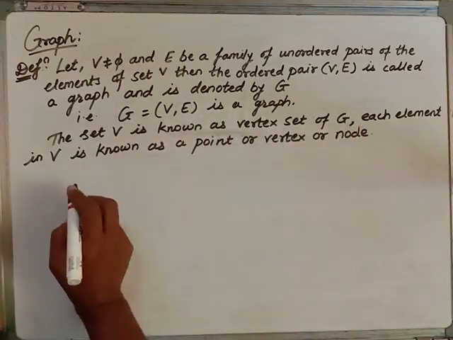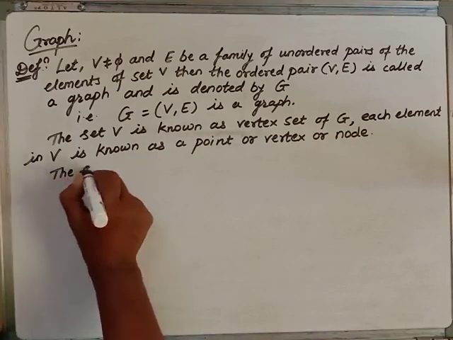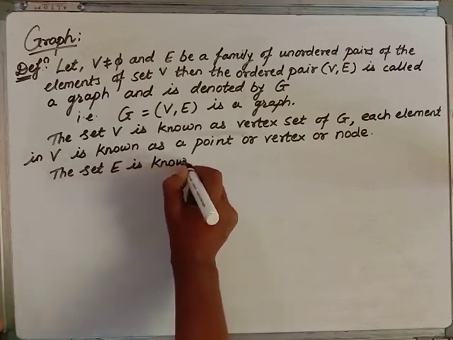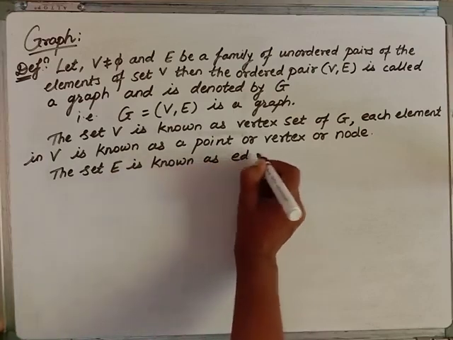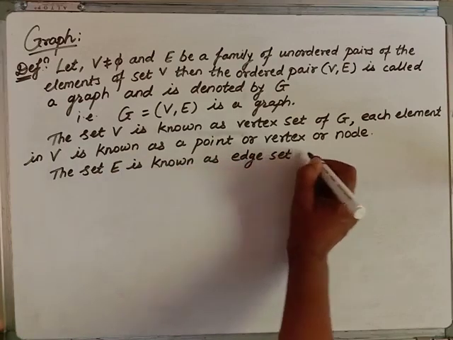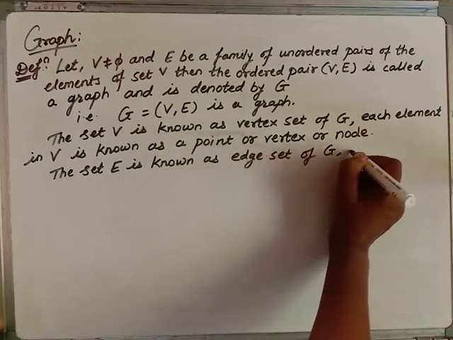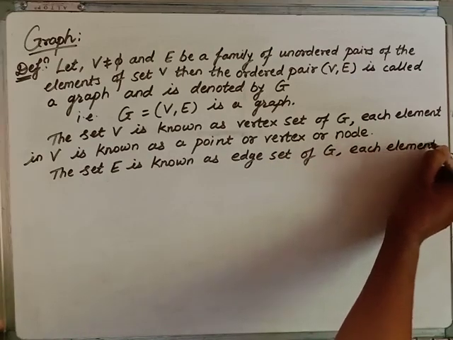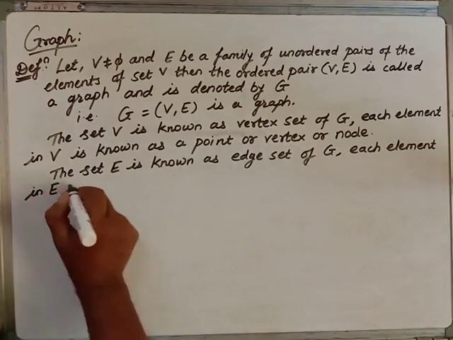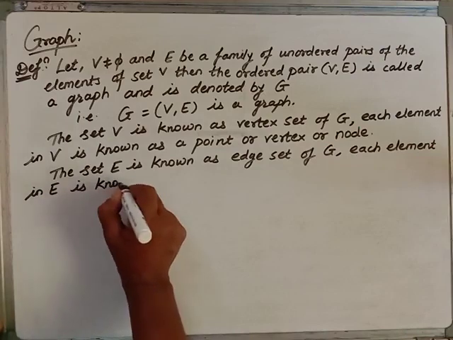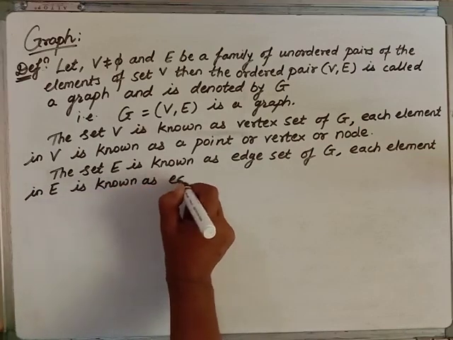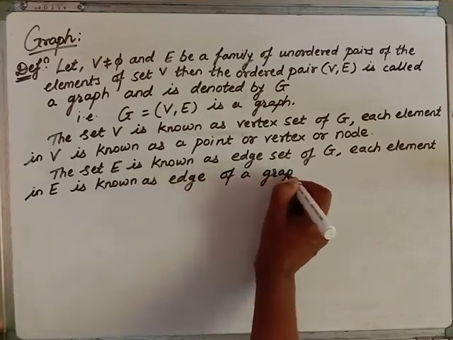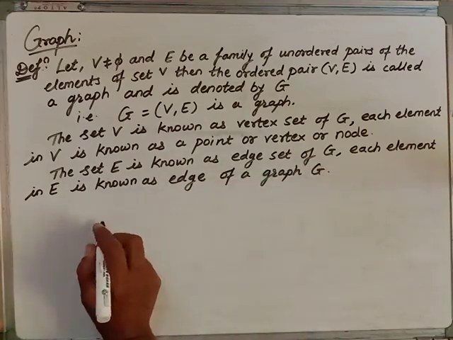The set E is known as the edge set of G. Each element in E is known as an edge of a graph G.